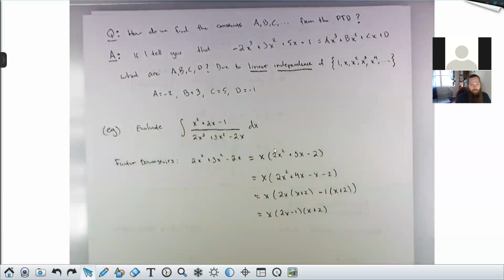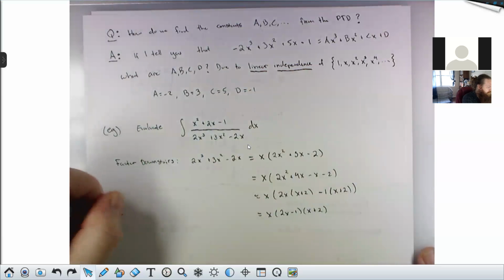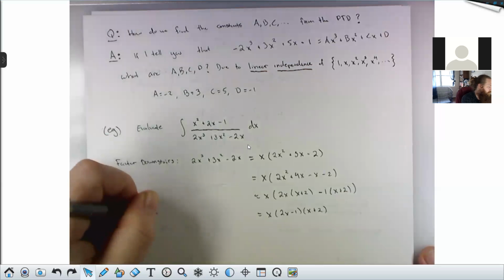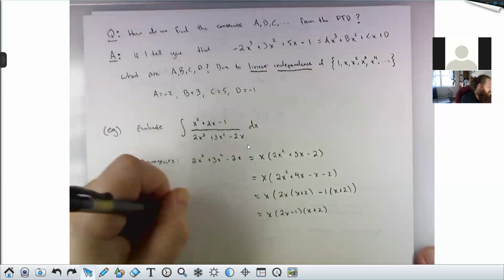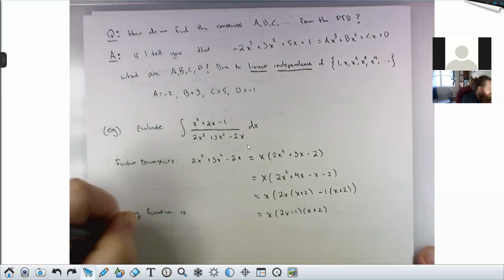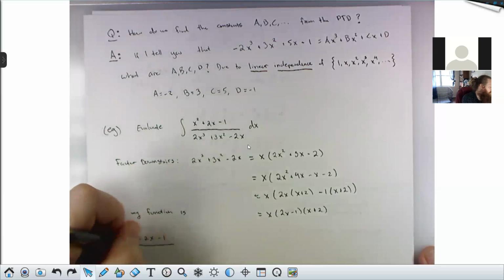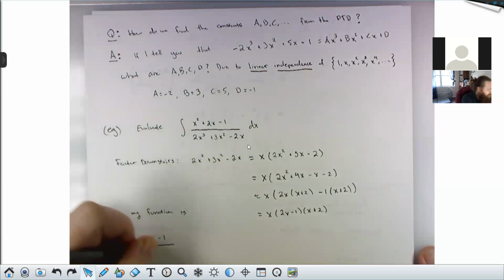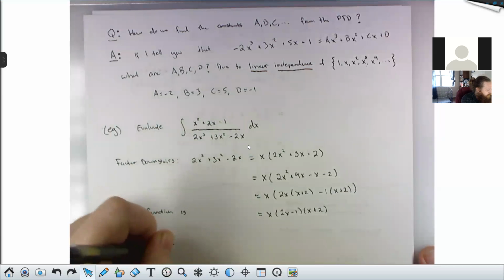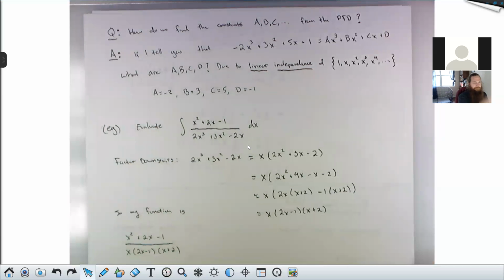Okay, so that's the factored denominator, which means my function can be rewritten as x squared plus 2x minus 1 divided by x times (2x minus 1) times (x plus 2).